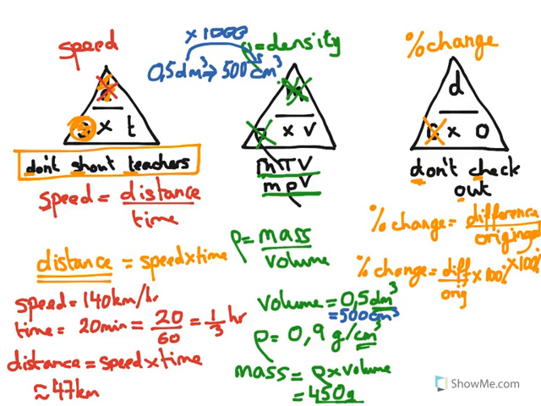Okay, let's have a look at an example with percentage change then. So let's say that we were buying a shirt. The original price of the shirt was 500 kronas, and the sale price was 400.